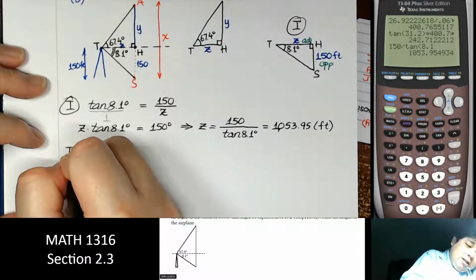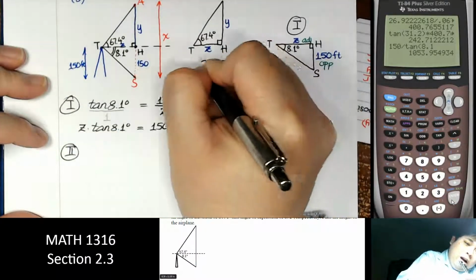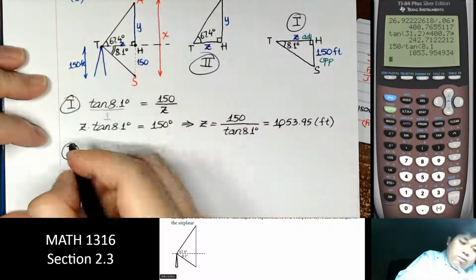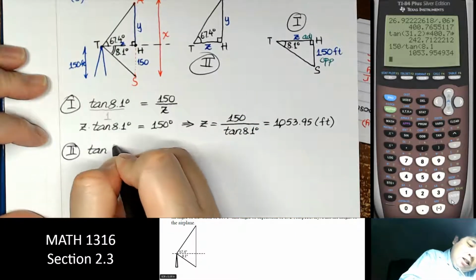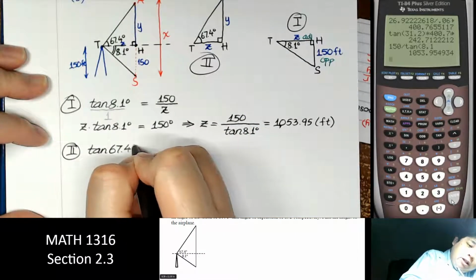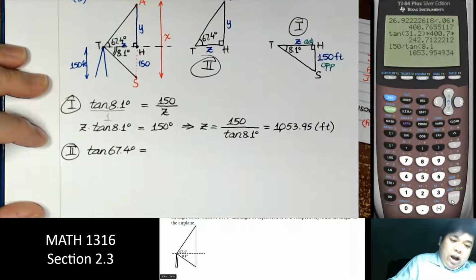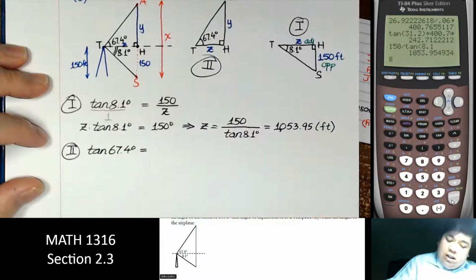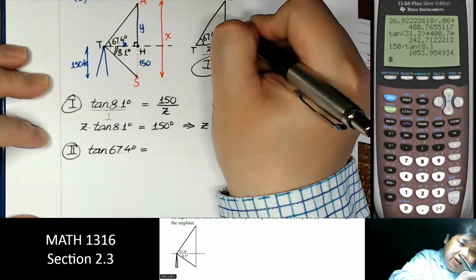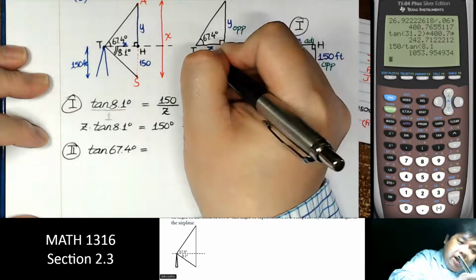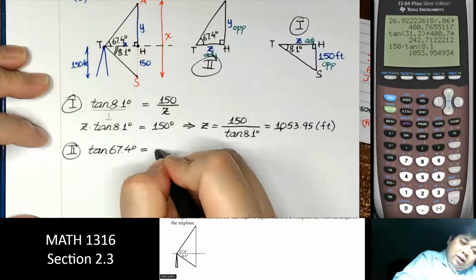Next, we go to this triangle, and with respect to that 67.4 degrees, we have opposite Y and Z is adjacent.